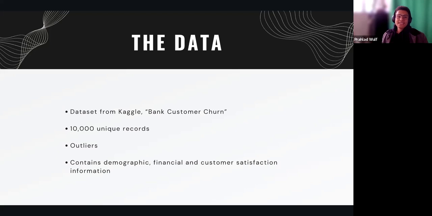The data set contains demographic, financial, and customer satisfaction information. Some of the key features would be geography, gender, age, how long they've been at the bank, their balance, credit card ownership, customer activity, and satisfaction score. So, sort of standard data that will be kept by banks.